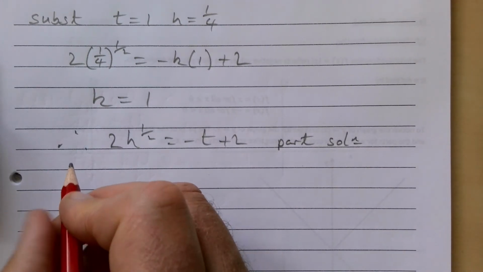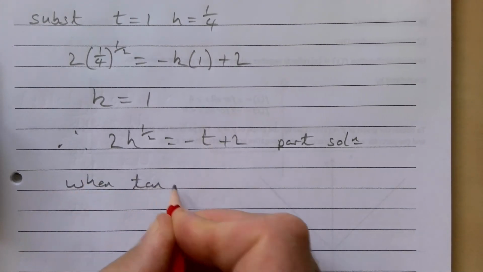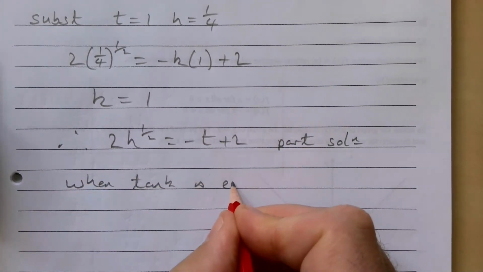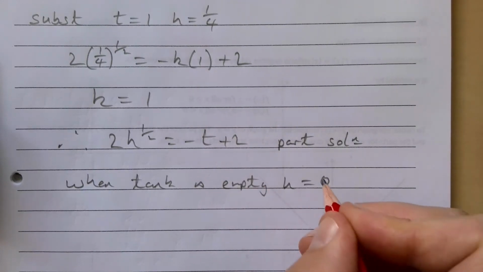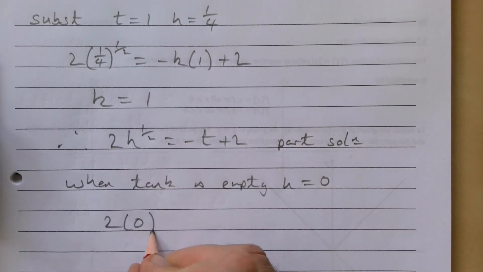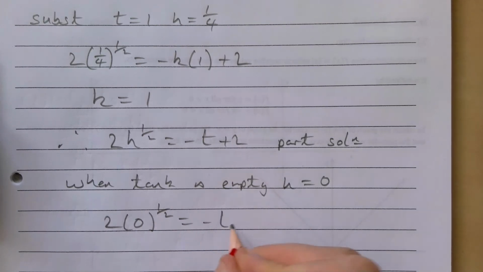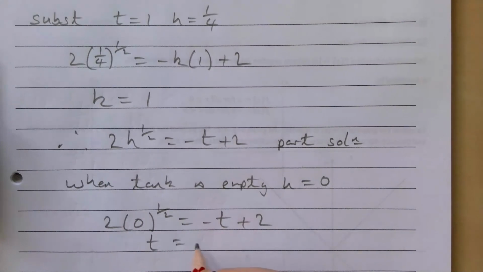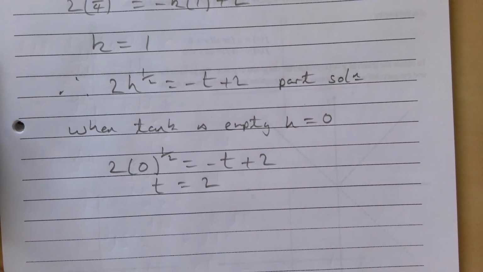So how long is it going to take when the tank is empty? h is 0, so let's put h equal to 0 here, so it's 2 times 0 to the power of a half equals minus t plus 2. That gives us the value of t is 2. Therefore the tank is empty after 2 hours.